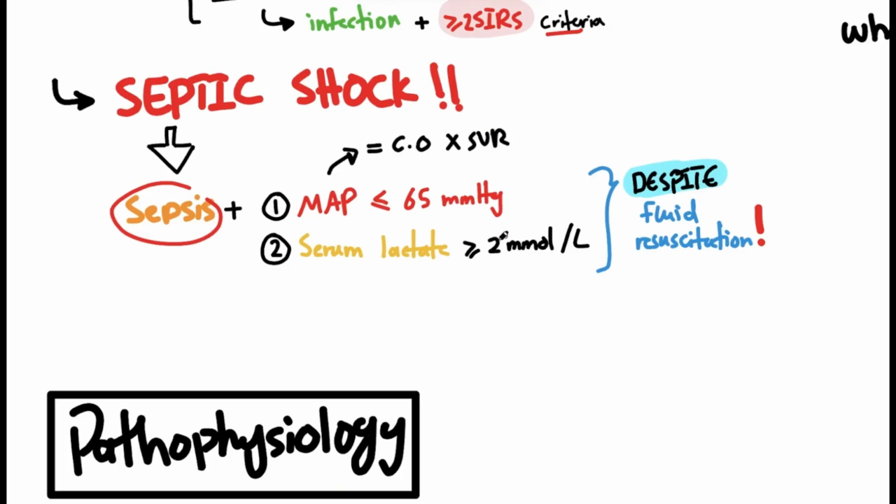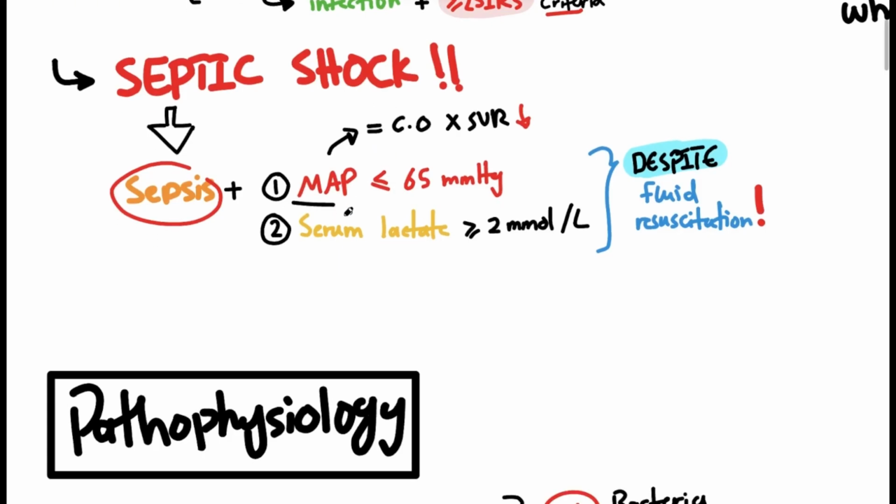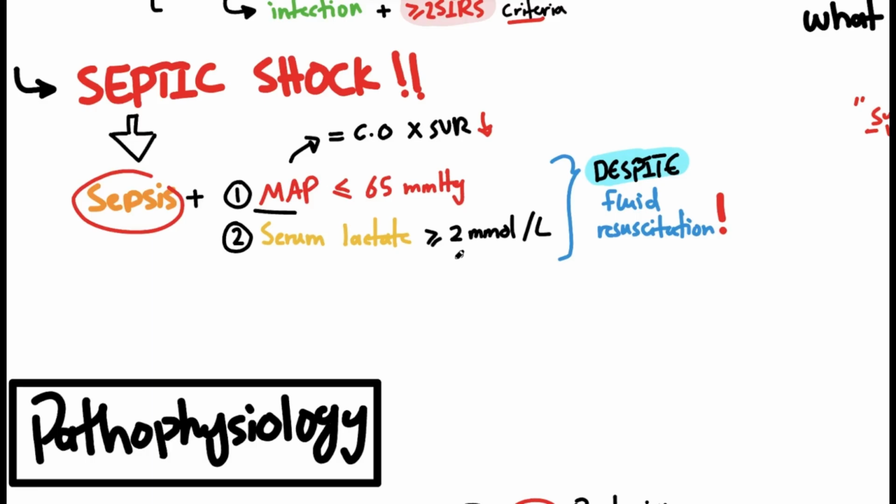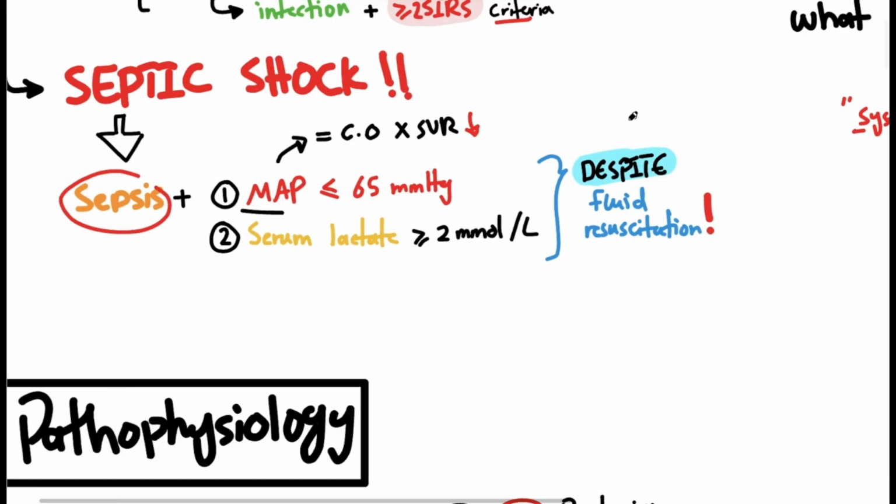Now we will talk about the pathophysiology, but what you have to keep in mind is that systemic vascular resistance is going to drop. And because it drops, MAP also drops. Serum lactate, again, we have serum lactate more than 2 millimoles per liter despite fluid resuscitation. So again, sepsis and MAP, serum lactate despite fluid resuscitation.